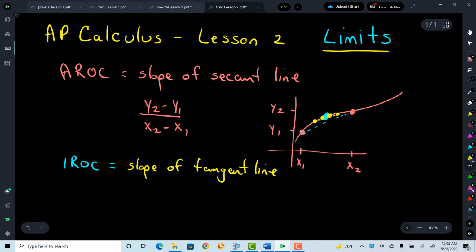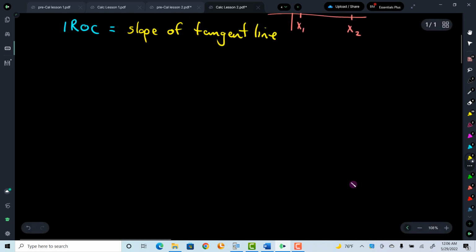Well, if they get close enough, that secant line becomes a tangent line. So what we're actually doing when we're finding the instantaneous rate of change is we're finding the slope of the tangent line.